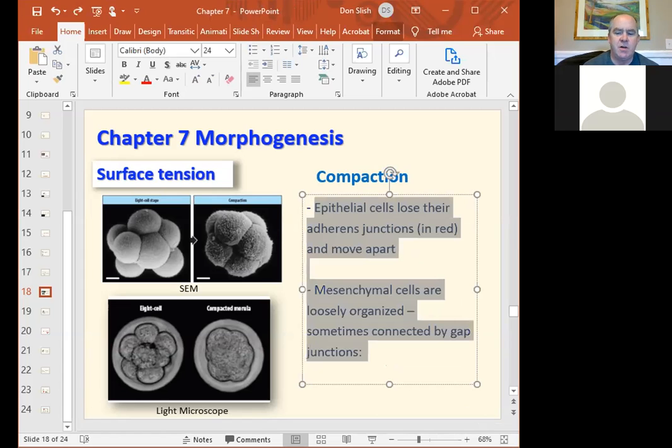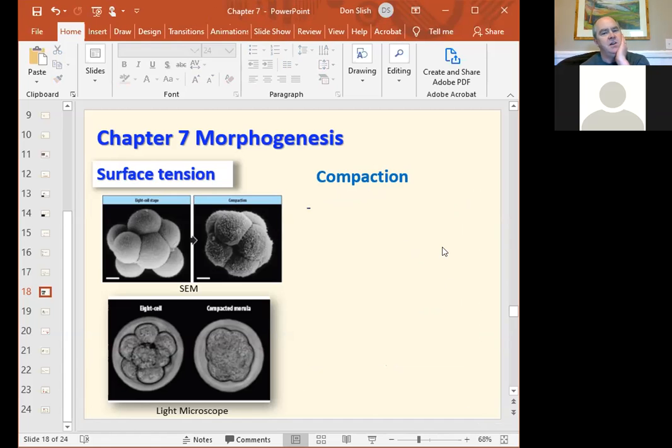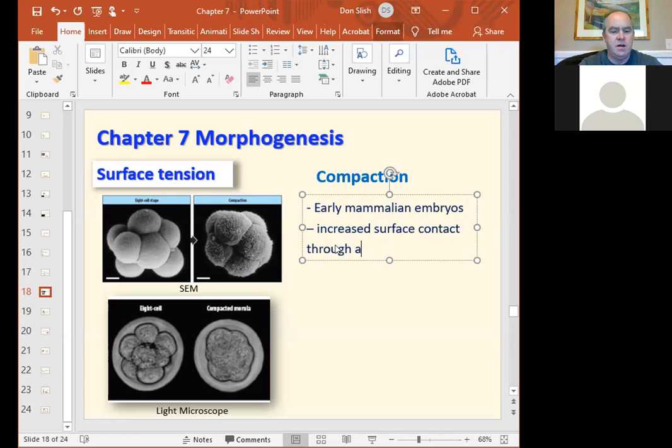Looking at slide 18, you can see how I make my slides. Basically, to make sure everything's the same color, I duplicate the last slide and change the words. I didn't change the words here, so let's annotate this slide as long as we're here. Compaction. Early mammalian embryos increase surface contact through adherens junctions.